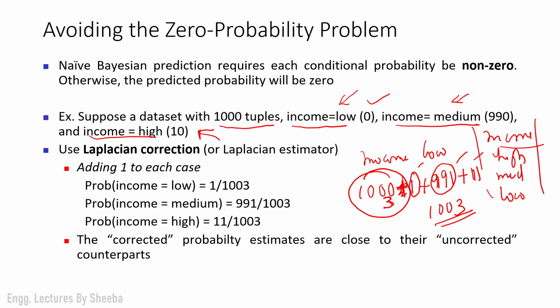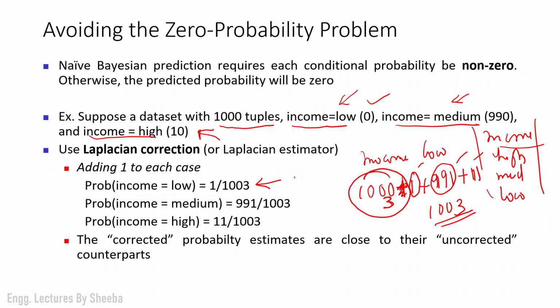So when you are computing the probability of income low, previously it was 0 upon 1000, now, because one row we included for low income, it became 1 upon 1003, 991 upon 1003, and 11 upon 1003. So in this particular case, we have removed the 0 probability case.